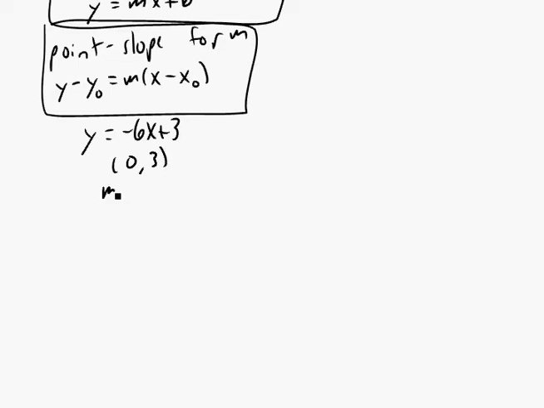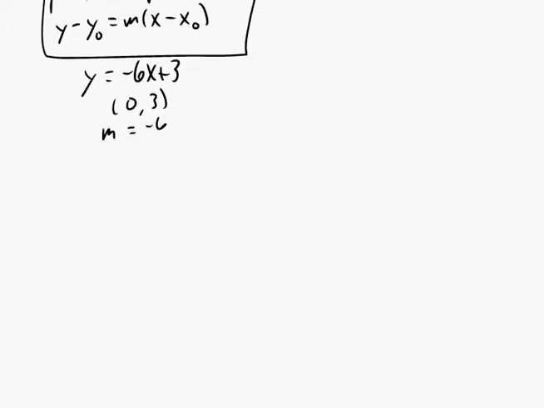And we know that the slope is negative 6, so to write this line in point-slope form, it would be y minus the y-coordinate of the point equals the slope times x minus the x-coordinate of the point.